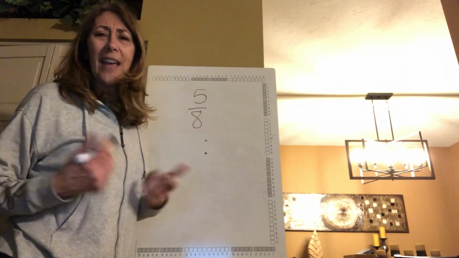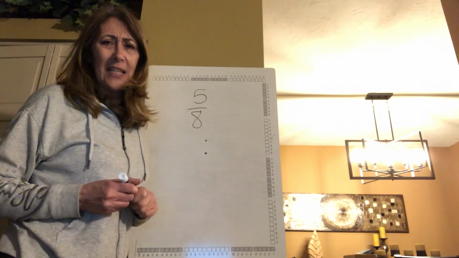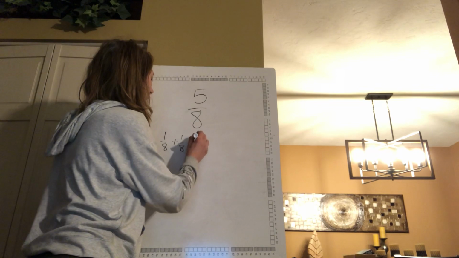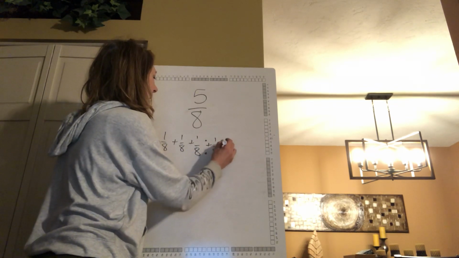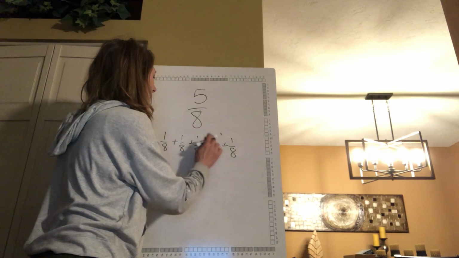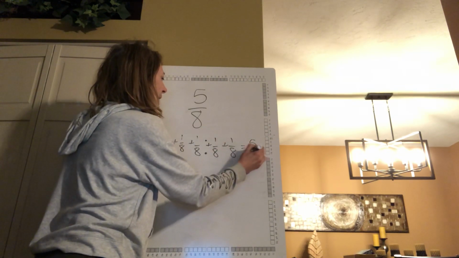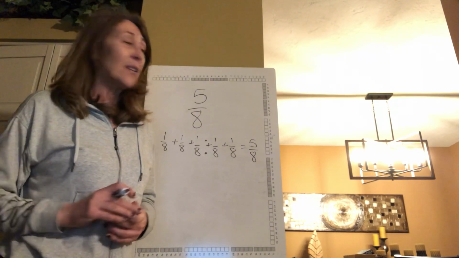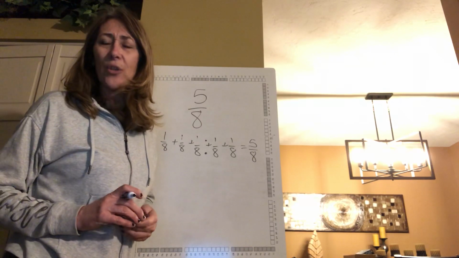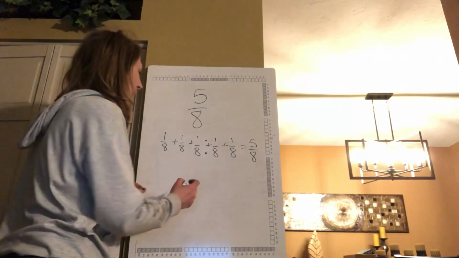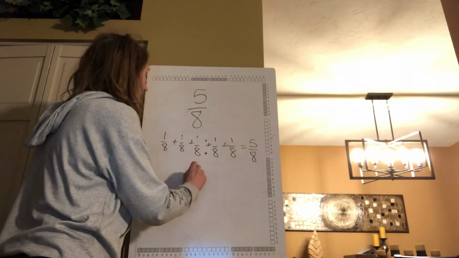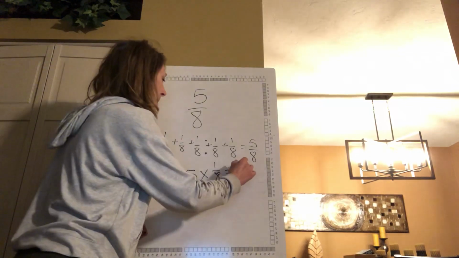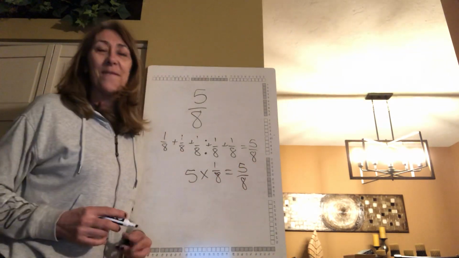So if I were to write that as an addition sentence, I would write 1/8 plus 1/8 plus 1/8 plus 1/8 plus 1/8, 1, 2, 3, 4, 5, equals 5/8. Or if I used my unit fraction, which is 1/8, and made that into a multiplication sentence, it would be 1, 2, 3, 4, 5 groups of 1/8 equals 5/8.